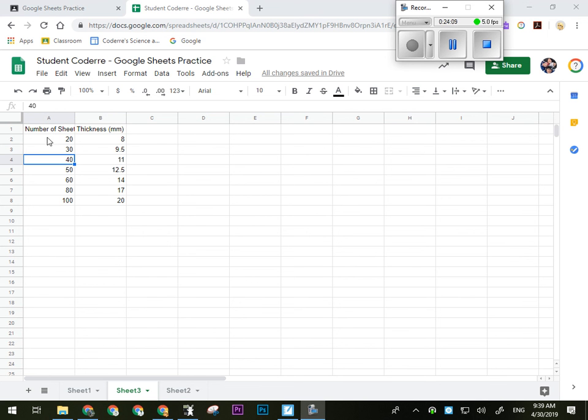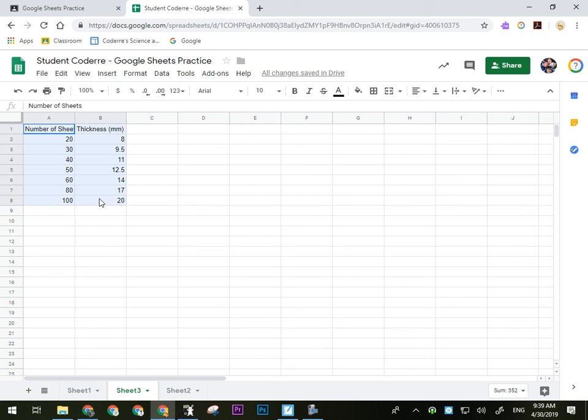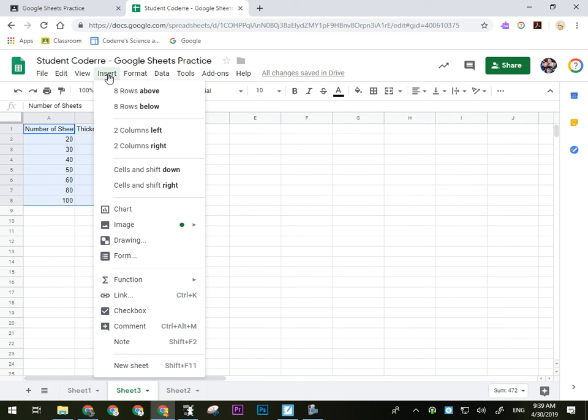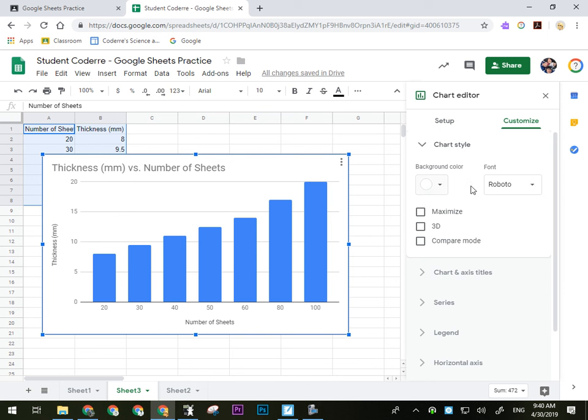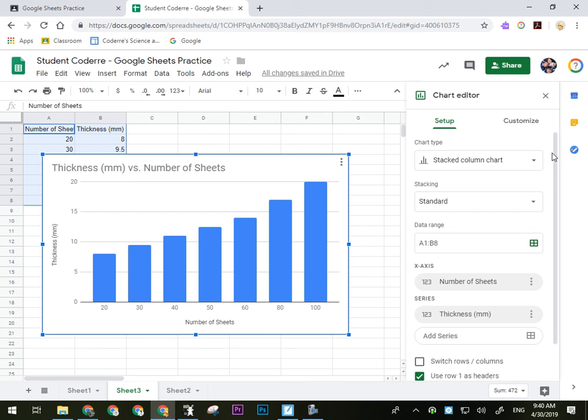Okay, so the super quick walkthrough of this one. We highlight everything. We go to Insert, Chart. We tell it, no, you didn't pick the right type of graph. Where am I at here?